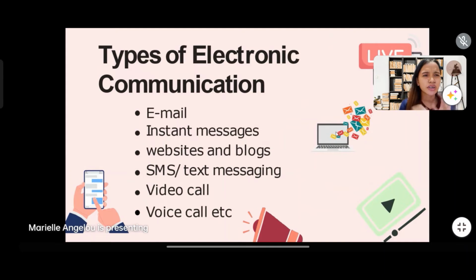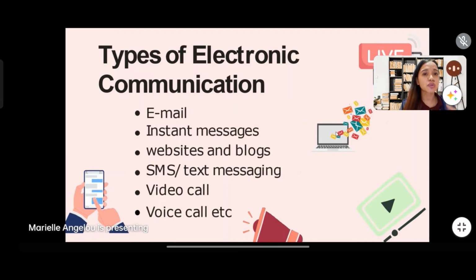Okay, so let's try to differentiate these different types of electronic communication. First one is email or electronic mail. This is almost the same as writing a letter, but the only difference is that we are delivering our mail through technology, through electronic media.